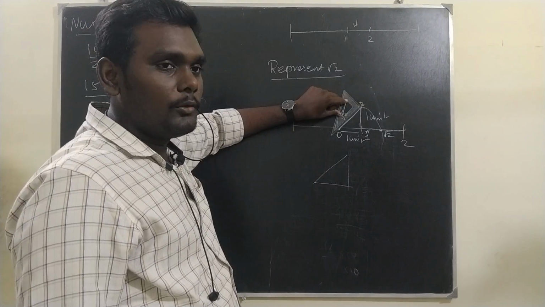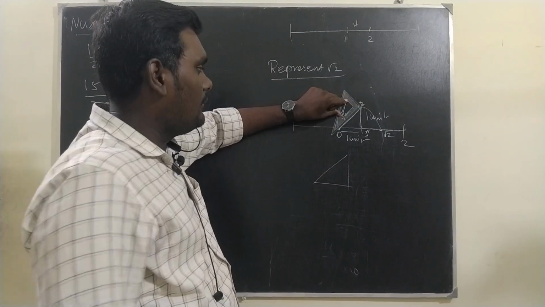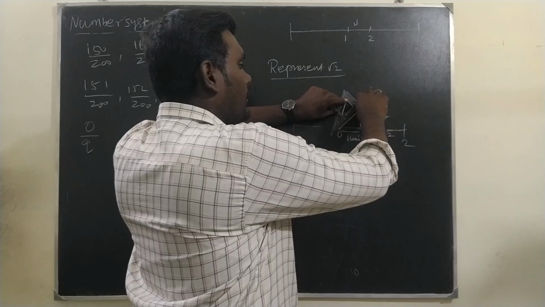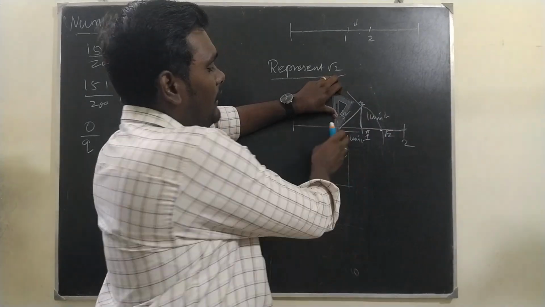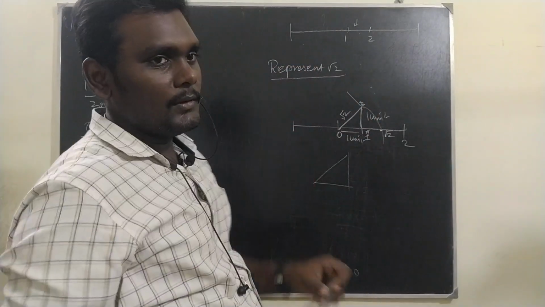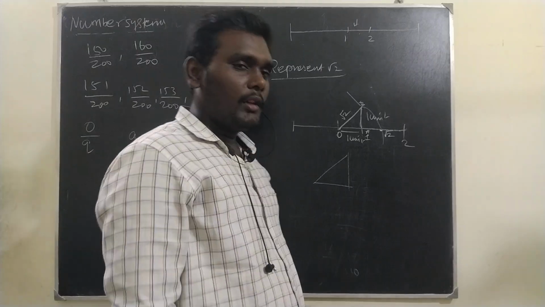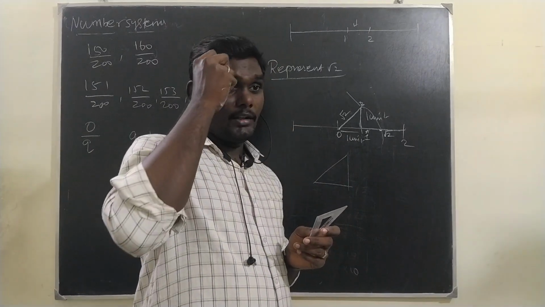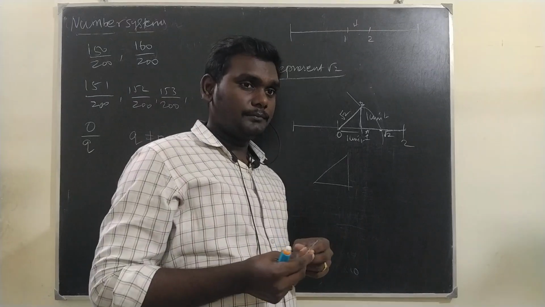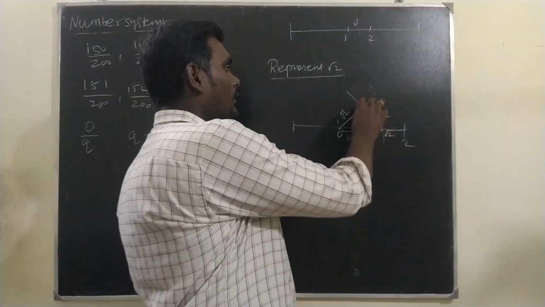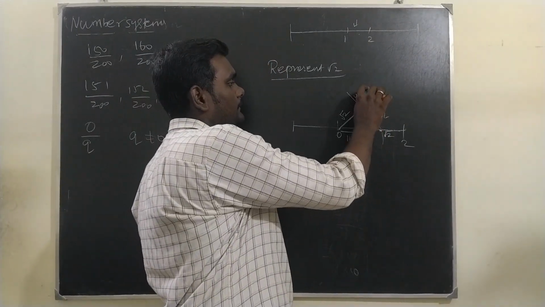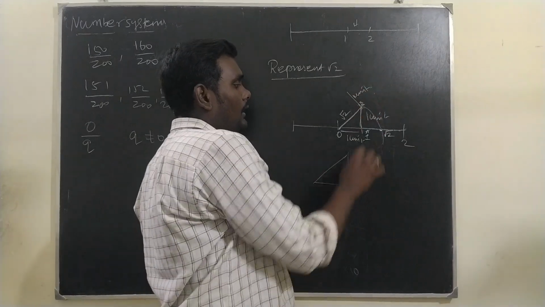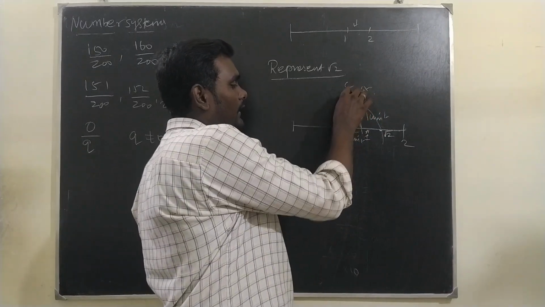So along the line root 2 we have to place it, and then we have to take another 1 unit distance. As I am drawing bigger, that is why I am taking it like this. But when you draw, you take exactly 1 unit, or else 2 centimeters as 1 unit also you can take, not a problem. So again here 1 unit distance we have to take, and then the length of OC is how much?